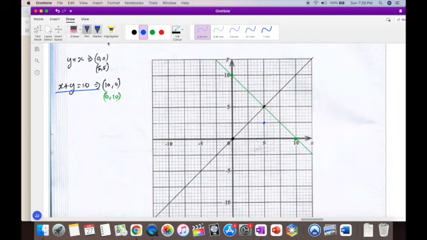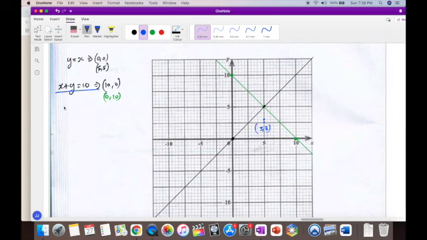We could choose any point actually. It doesn't have to be a point on the line, right? So let's just choose 1, 2, 3, 4, 5. So this point here will be the point 5, and then 1, 2, 3. So we'll choose this point here, 5, 3, just to make things easier.